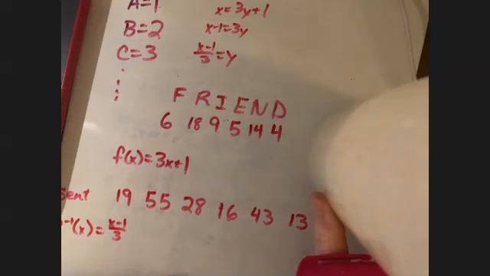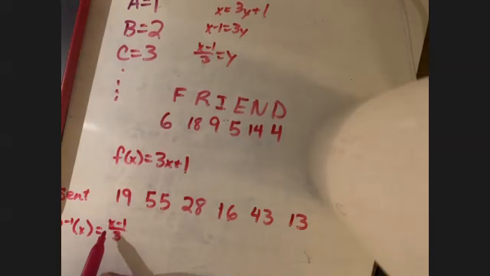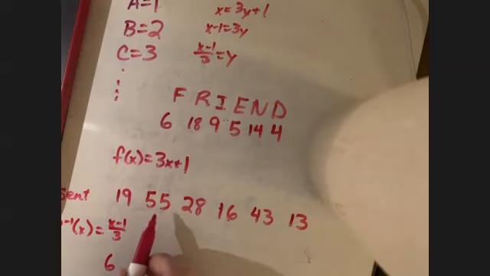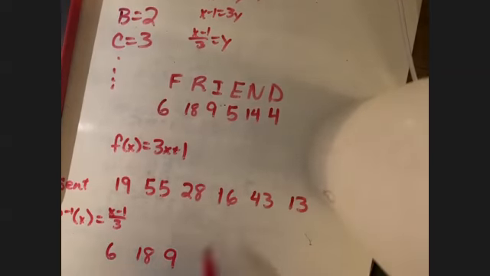So then what I do, if I receive the code, I'm going to plug in 19 into this. So 19 minus 1 is 18, divided by 3 is 6. 55 minus 1 is 54, divided by 3 is 18. 28 minus 1 is 27, divided by 3 is 9. 16 minus 1 is 15, divided by 3 is 5. 43 minus 1 is 42, divided by 3 is 14. 13 minus 1 is 12, divided by 3 is 4.